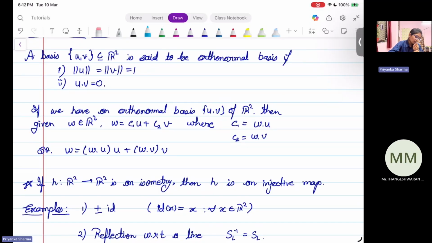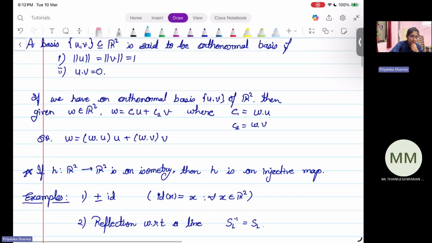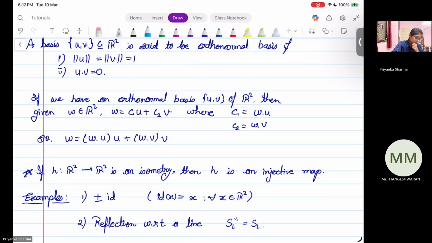Now, if we have an orthonormal basis, say U and V of R square, then for some given omega in R square, this omega can be written as C1U plus C2V for some C1 and C2 in R, where U and V are the orthonormal basis elements.